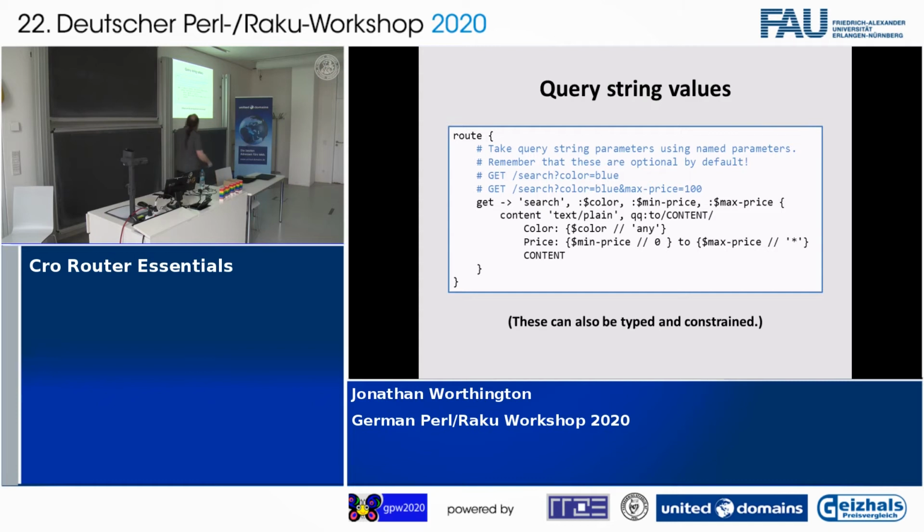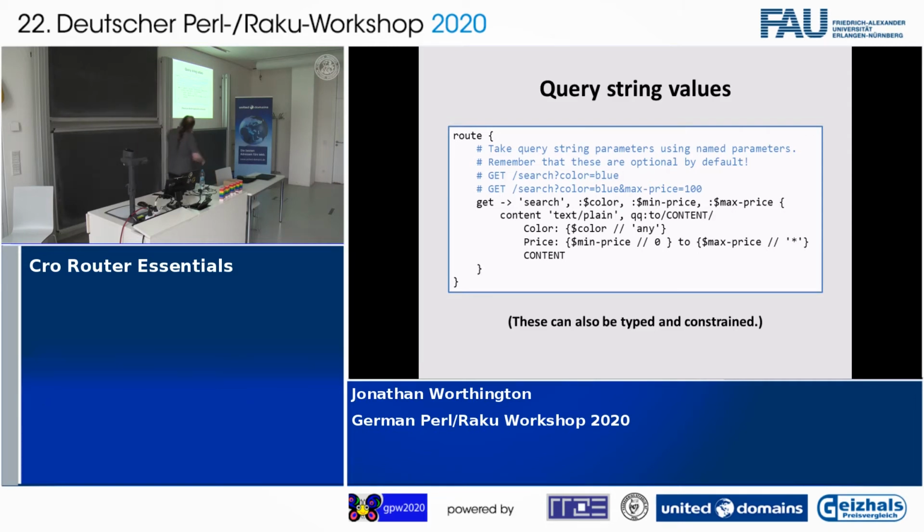Remember that these are optional by default. You can also put types on them. You can also constrain them. It's kind of smart about its error handling, because if you have a problem with matching route segments, you get a 404. But if you have a problem with not meeting the requirements on the query string things, you get a 400. Bad request. So it tries to get HTTP right, so you don't have to think too hard about it.